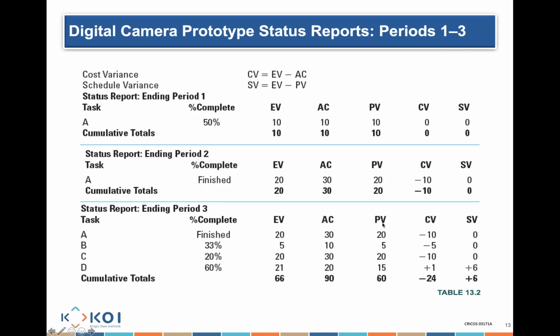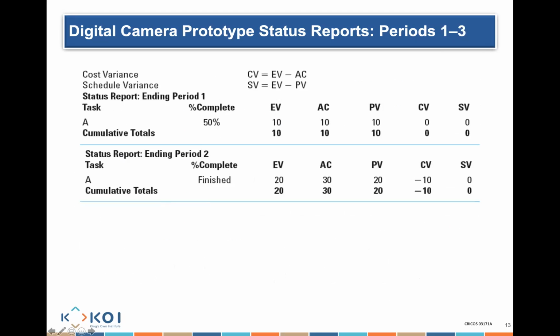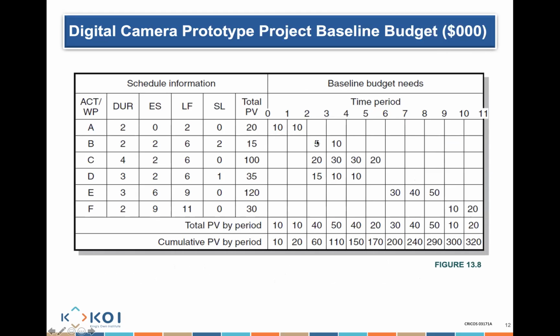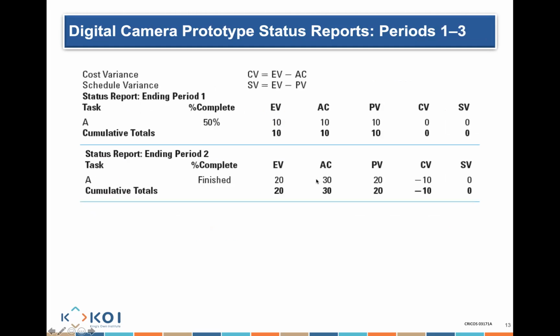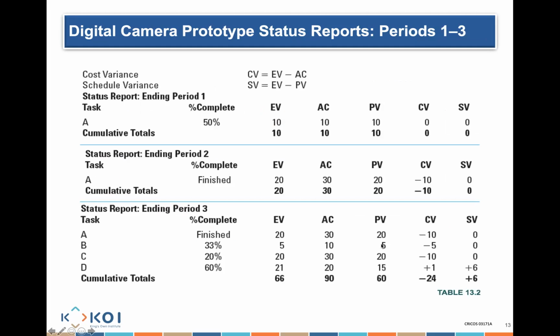Now, we already know what is planned. Why? Let me look at B. What am I planned for B? For B, we're planning 5. C, we're planning 20. And D, we're planning 15. So 5, 20, 15, plus 20 for A. So you can see that's what is planned.